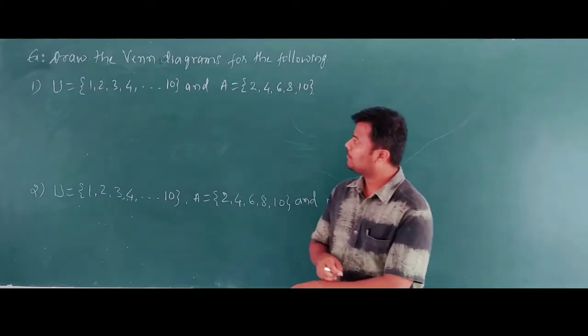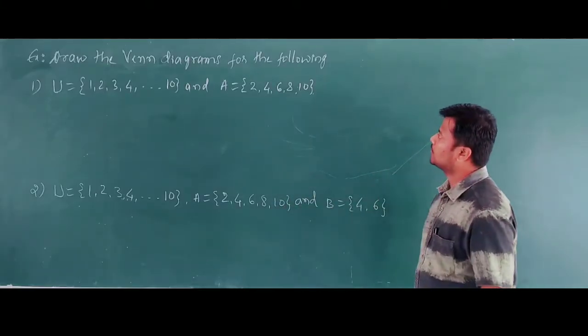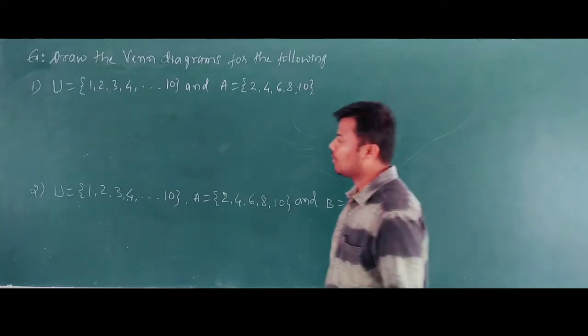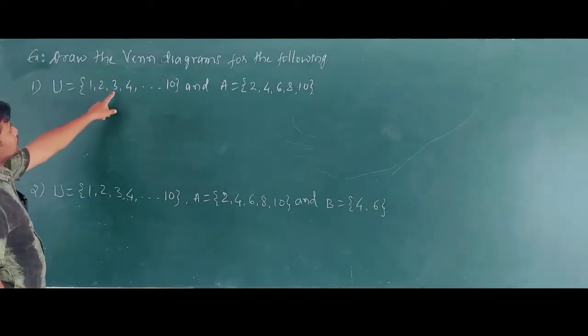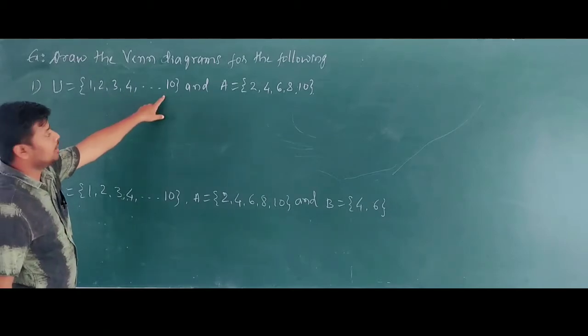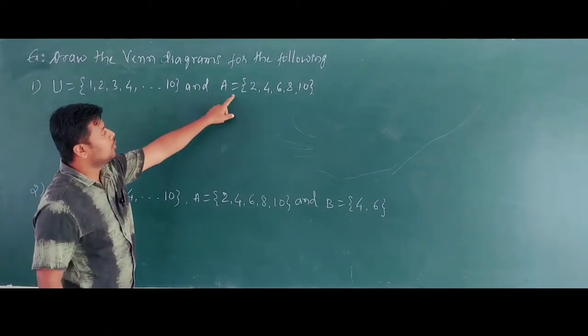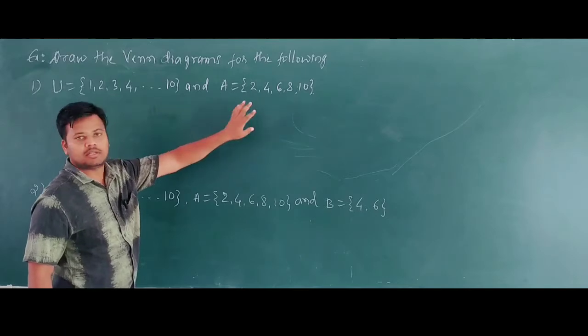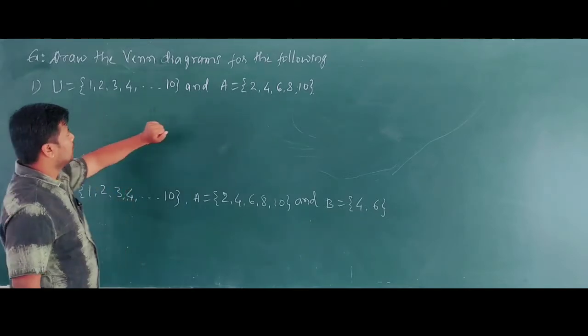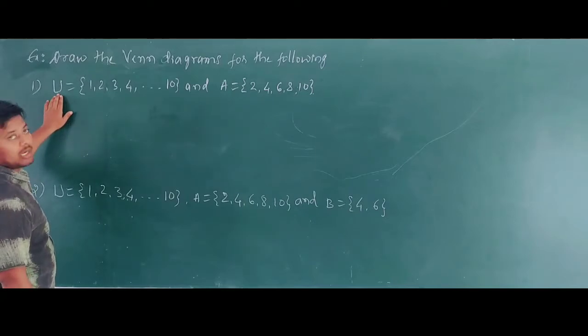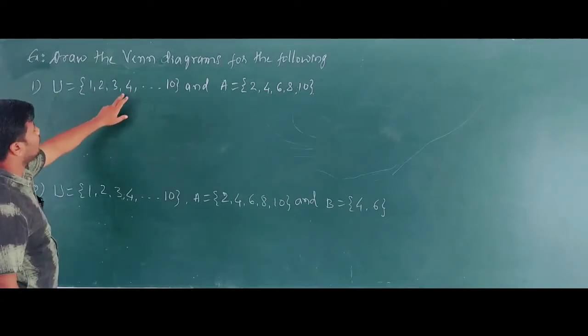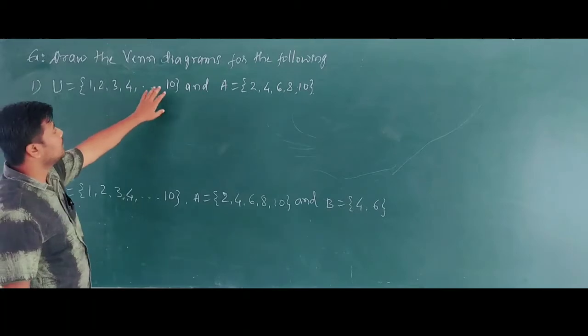Next example: draw the Venn diagrams for the following. First, U equals 1, 2, 3, 4, and so on up to 10, and set A equals 2, 4, 6, 8, 10. This is the universal set. It contains elements 1, 2, 3, 4, 5, 6, 7, 8, 9.